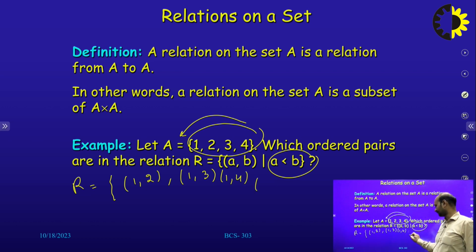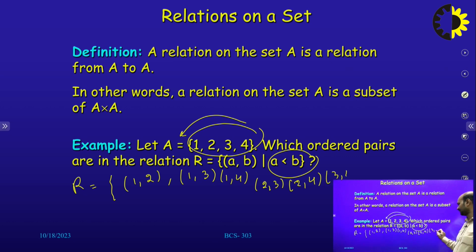Next, 2 is less than 3, 2 is also less than 4, and 3 is less than 4. So this relation definition says that (1,2) belongs to the relation, (1,3) also belongs to the relation, (1,4) belongs to the relation, (2,3) also belongs to the relation, and (2,4) and (3,4), because this particular property is satisfied by these ordered pairs.